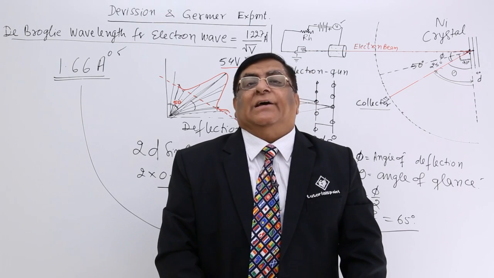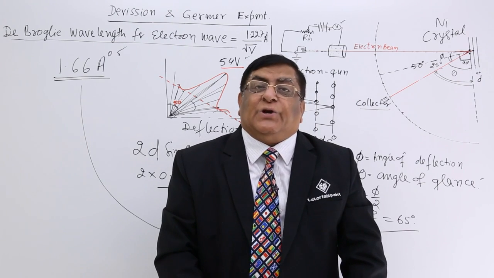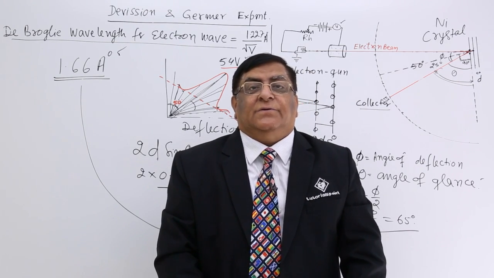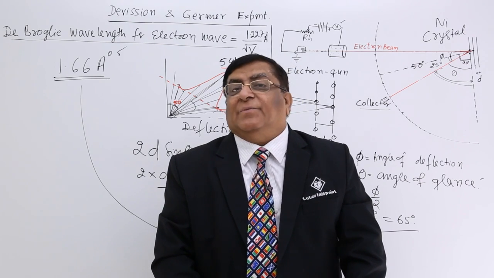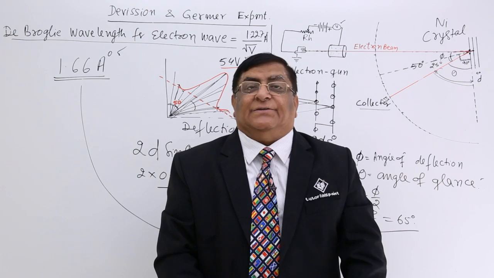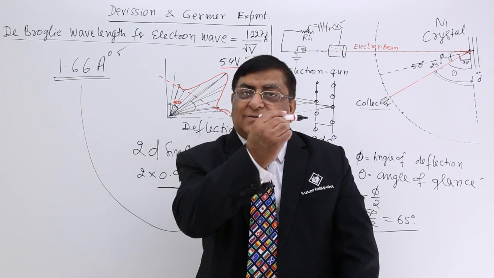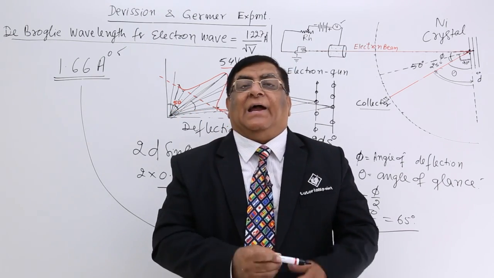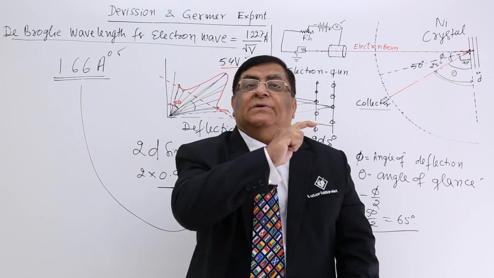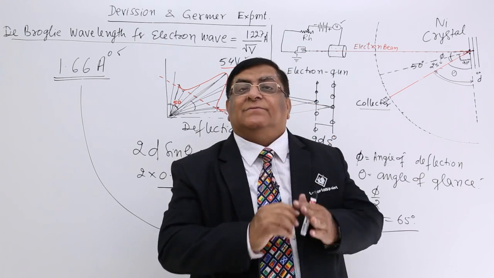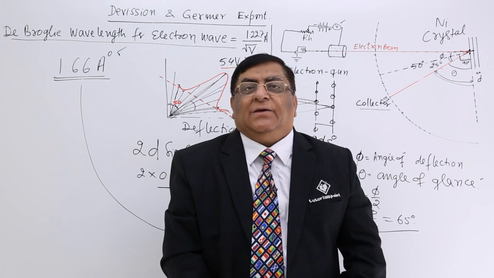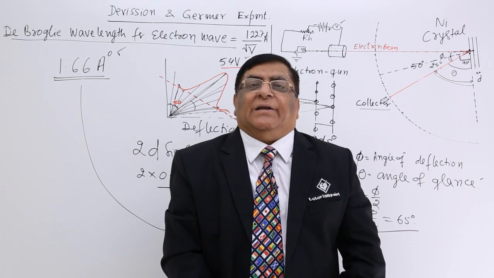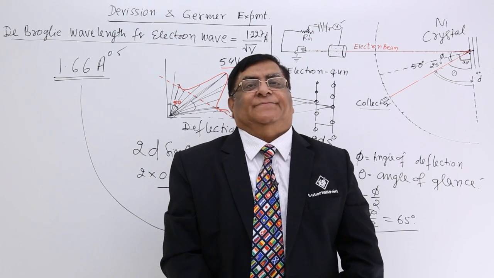That means electron or matter travels in the form of a wave. That hypothesis was correct. That means the material has got dual nature. It can go straight, matter nature, and it can go in waves when it strikes something. That is also correct. So, in this way, it was proved that material has got dual nature.